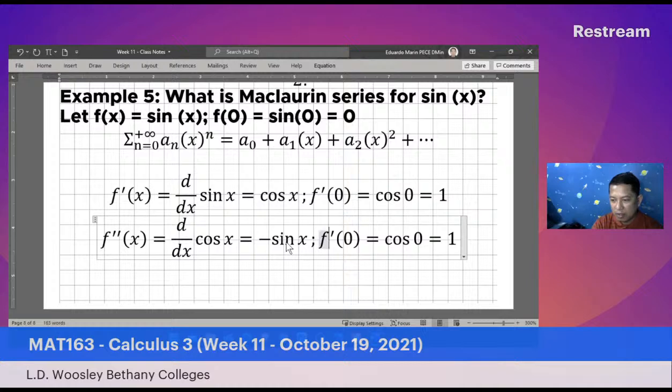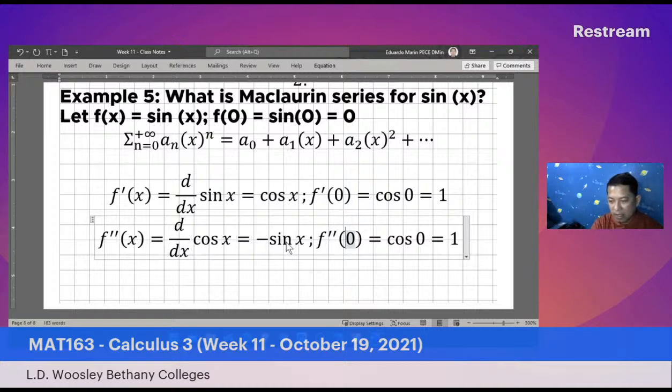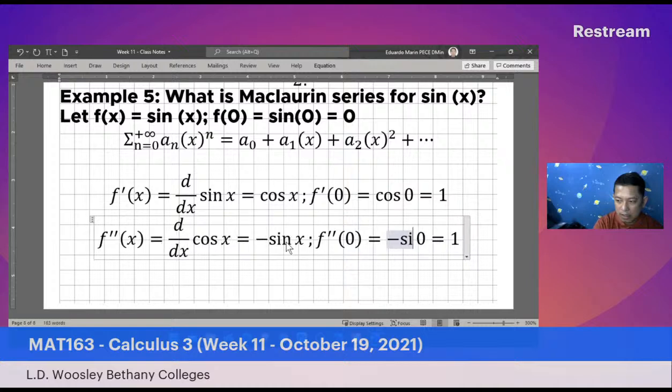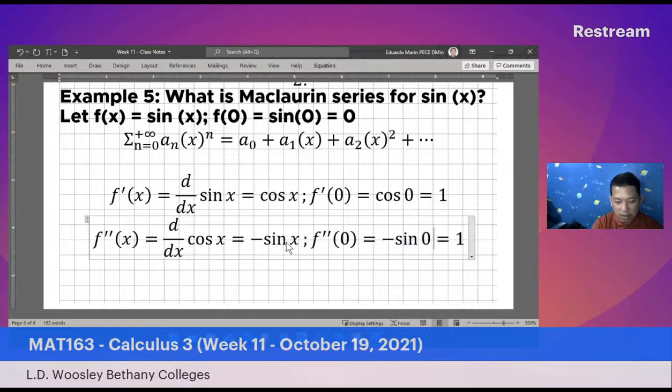If that would be the case, the f double prime of 0 at x equal to 0, so what would be the case now? So negative sine of 0 is obviously equal to 0. Okay? So sine 0 is equal to 0.